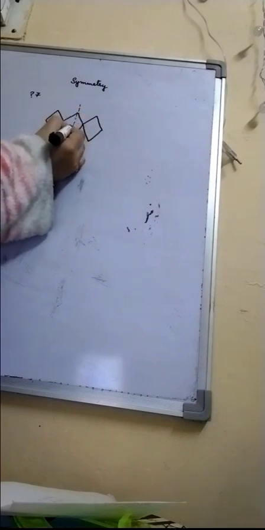So let me draw it roughly on the board also. The figure is somewhat like this. So the first line of symmetry would be the midpoint of the second box, like this.